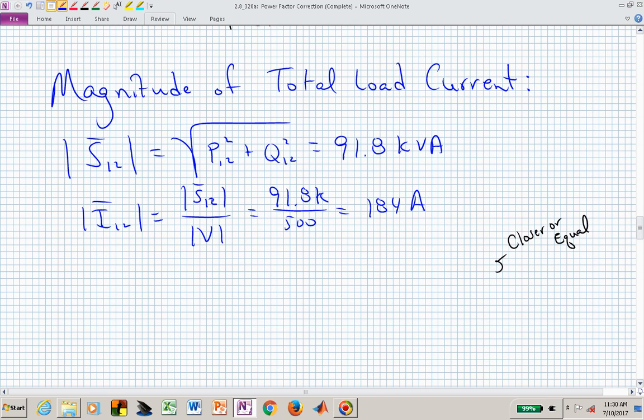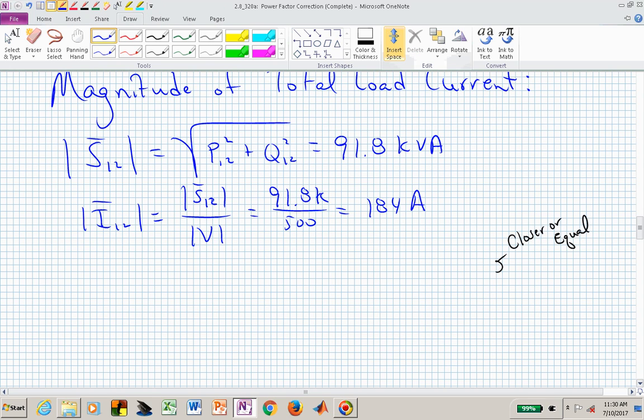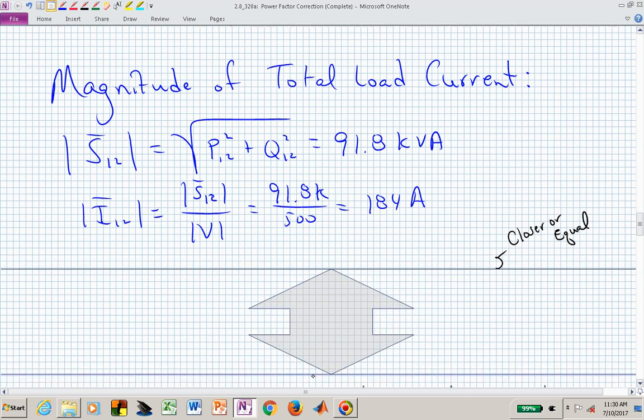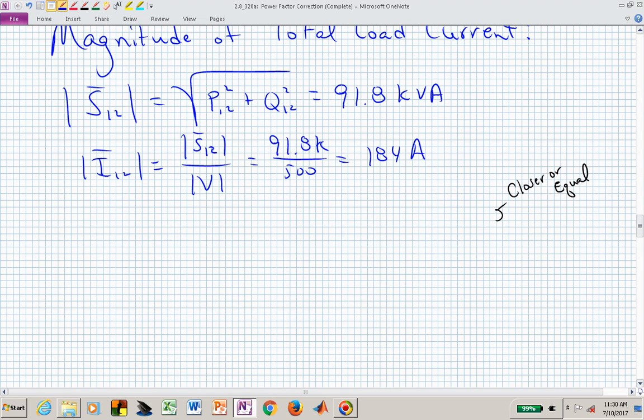And before we move too much further along, let's go ahead and just look at what we have when we compare these currents.